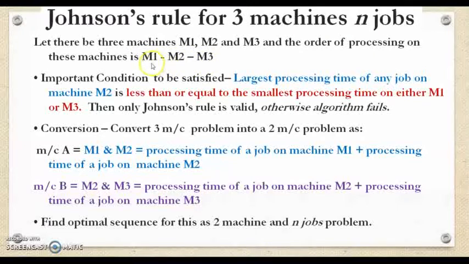So this is the sequence of machines and this is constant, but we are interested here to sequence these n jobs. But here the important condition that is to be satisfied is the maximum processing time, that is largest processing time on any job of machine M2 must be less than or equal to the minimum, that is smallest processing time on either M1 or M2.